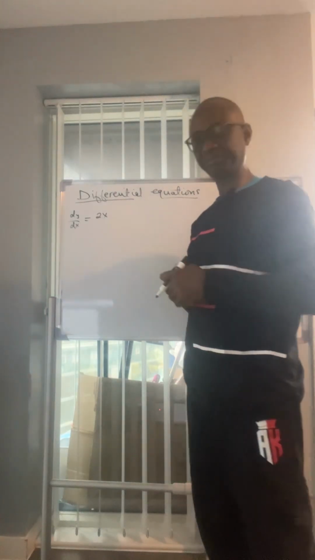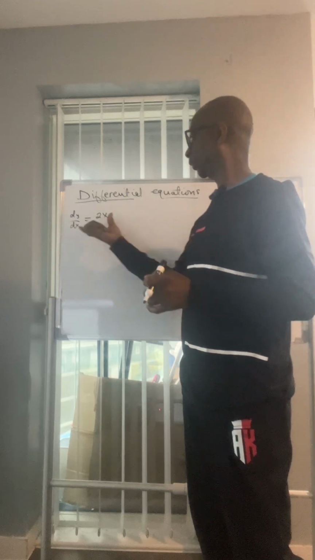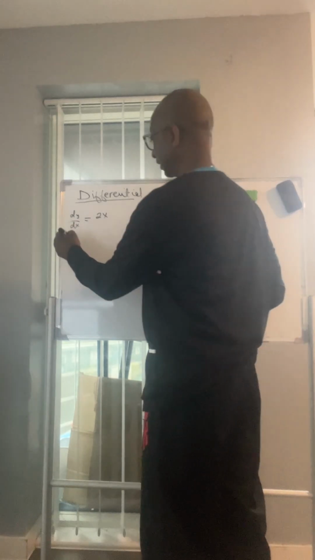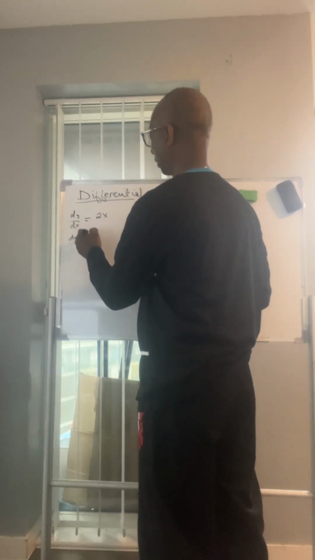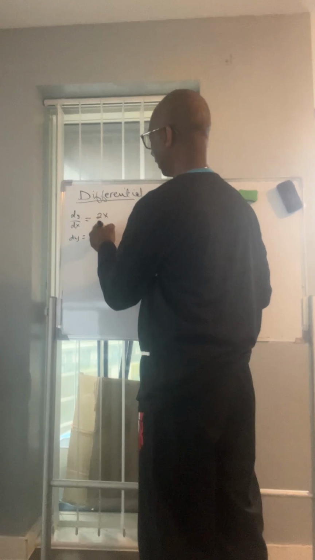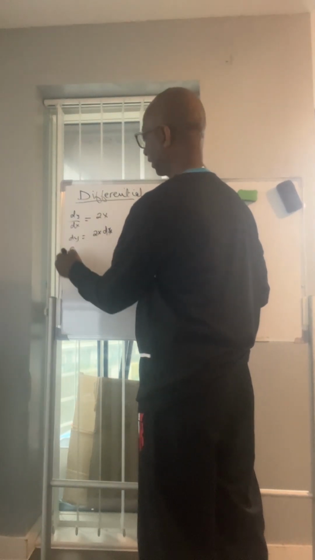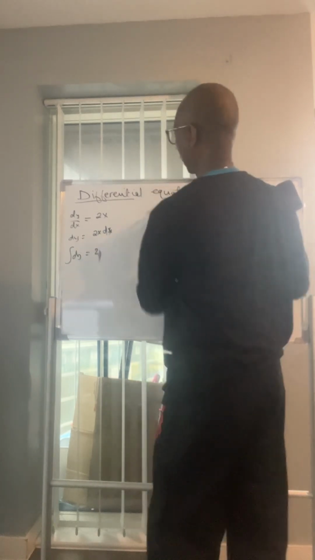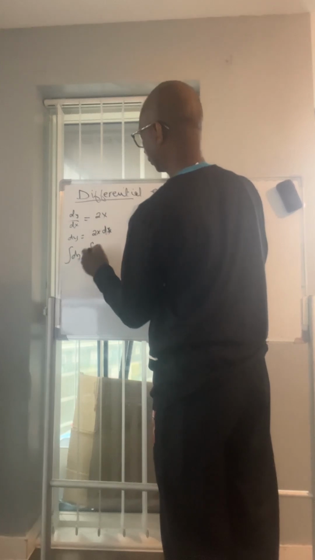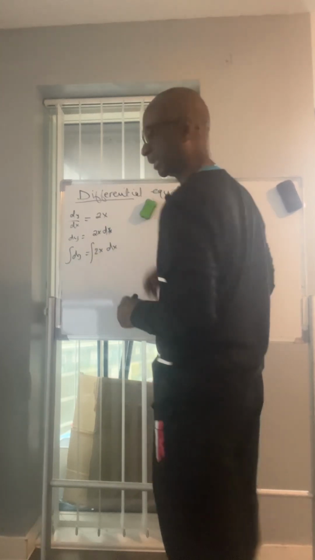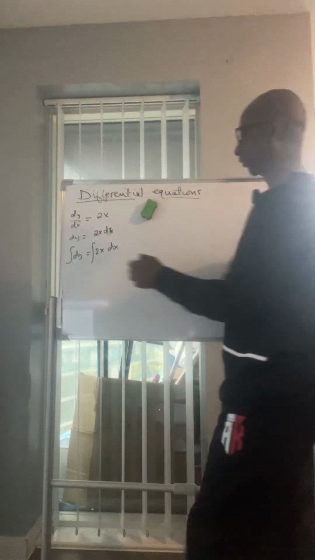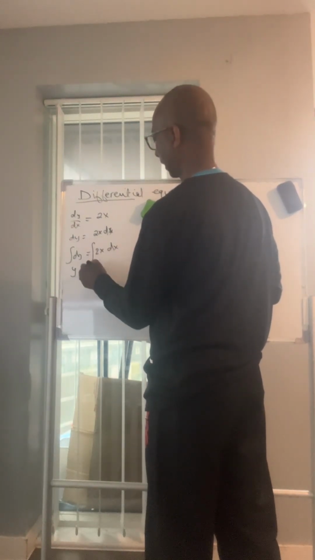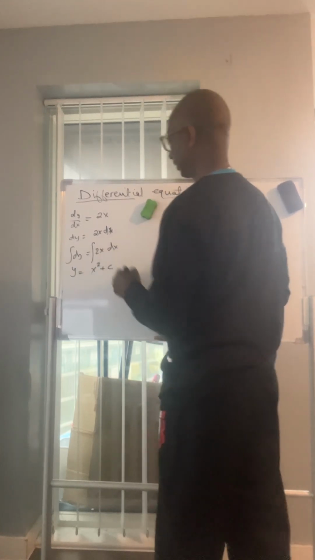This is a linear differential equation. You can do direct integration by just writing it this way: dy equals 2x dx. Then you can integrate dy and 2x dx, and you will get y equals x squared plus c, where c is a constant.